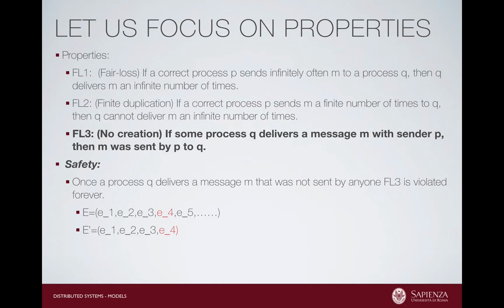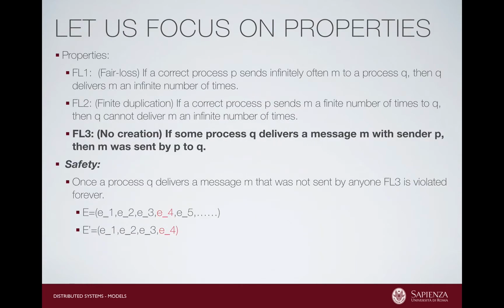So let's see execution E. We have events E1, E2, E3, E4, and E4 is the event that violates the property of the channel. In event E4, it happens that process Q delivers a message M that was not inside the output buffer of process P. And when this happens, we can create a finite prefix E prime of E that is just E1, E2, E3, E4, where E4 is the event that violates the safety.